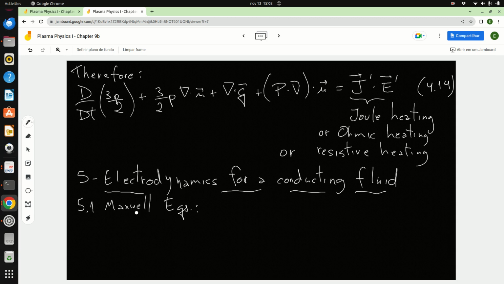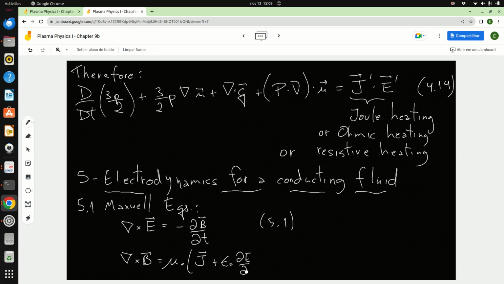Okay. Then we have from him the curl of E is equal to minus del B del t. That's Faraday's law, right? And we have Ampere's law, which is the curl of B equal to mu naught times J plus epsilon naught del E del t.